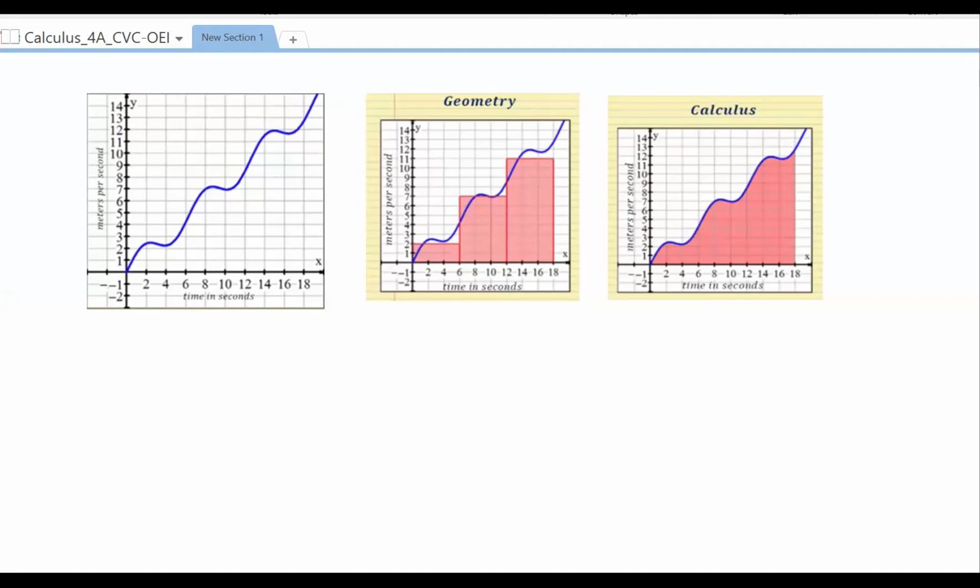Let's say this models a car that travels for a given time, and the distance is measured in meters. However, you notice that the y-axis is not measuring the distance, it's measuring the speed. It shows meters per second, so that is already giving us the speed.